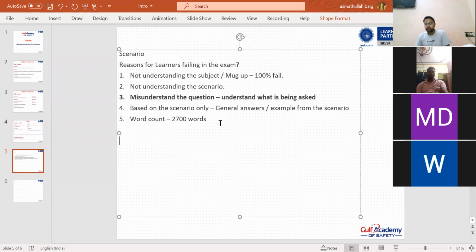This is a problem. You should also find a solution, right? There should be also a solution. So what can you do? Use the internet. If you are not understanding the meaning of a particular term mentioned in the scenario, search the meaning. Let us say he is asking something such as, what is the purpose of, or what is the reason, or what are the factors.